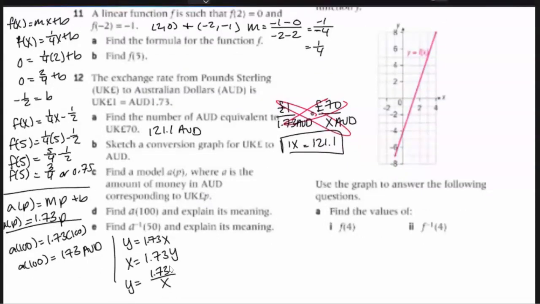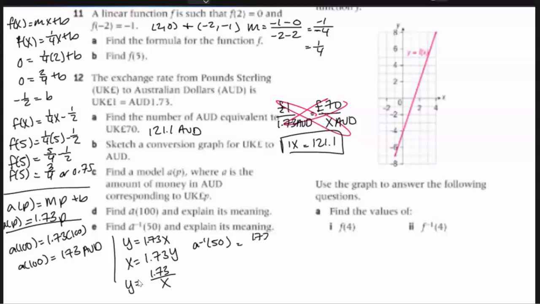You're just going in the reverse order, so instead of going from pounds to Australian dollars, now we're going from Australian dollars to pounds, which will decrease the amount of money I have. So you want to find A inverse of 50.